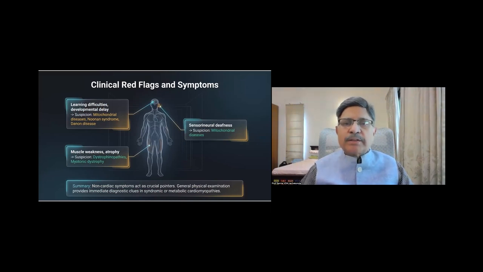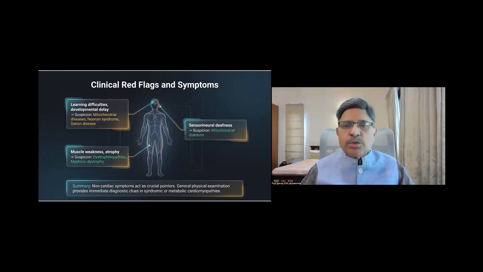Clinical red flags and symptoms are where I have to be very careful and watch for problems. Learning difficulties in the patient, developmental delay, mitochondrial disease, Noonan syndrome, Danon's disease. These could be short notes: Noonan syndrome or Danon's disease. A child will have learning difficulty, usually seen in children, and mitochondrial disease.